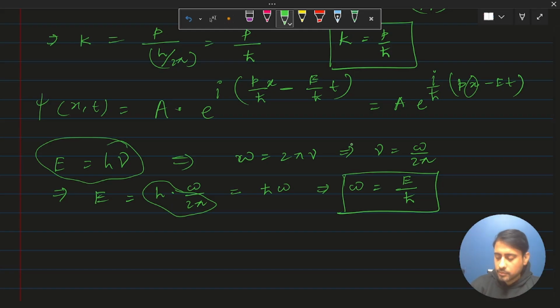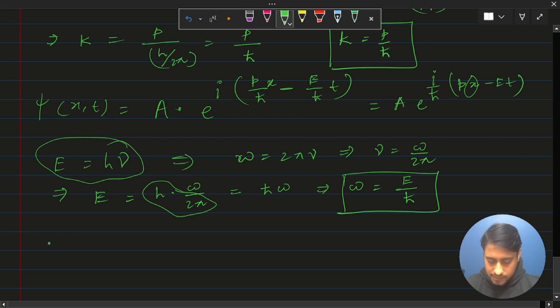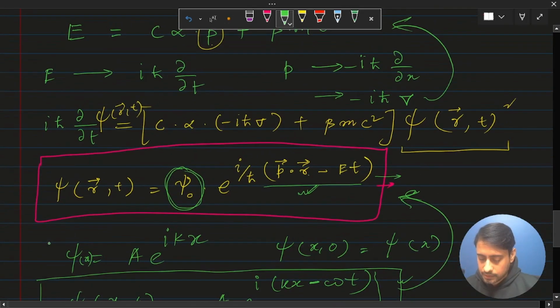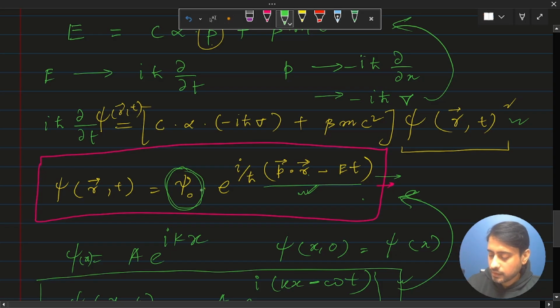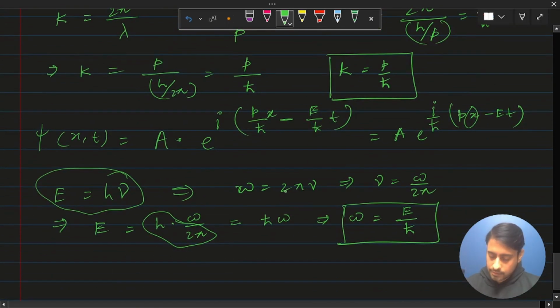Now it's time to put it into the previous equation which we have written here. Our job is to take the derivative of this expression with respect to time t, and then we will apply this operator on this. So let us simplify this.